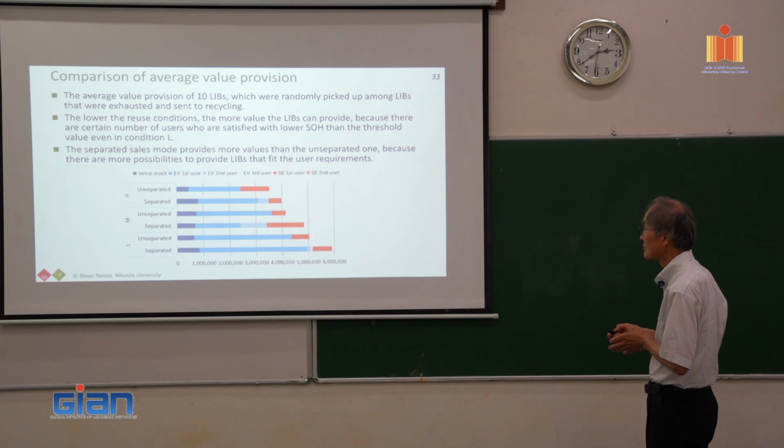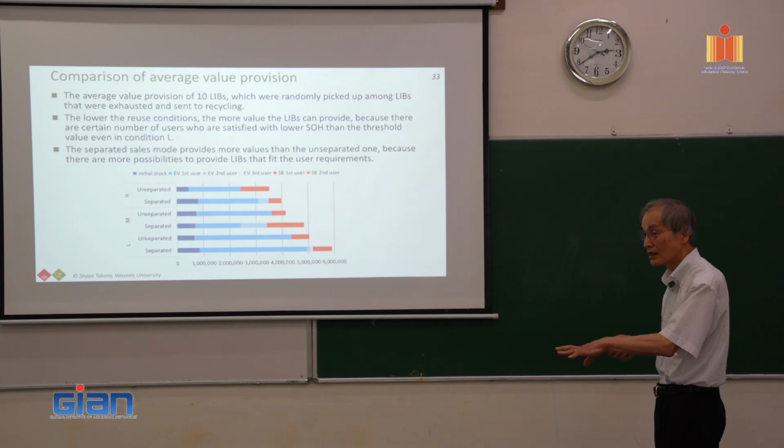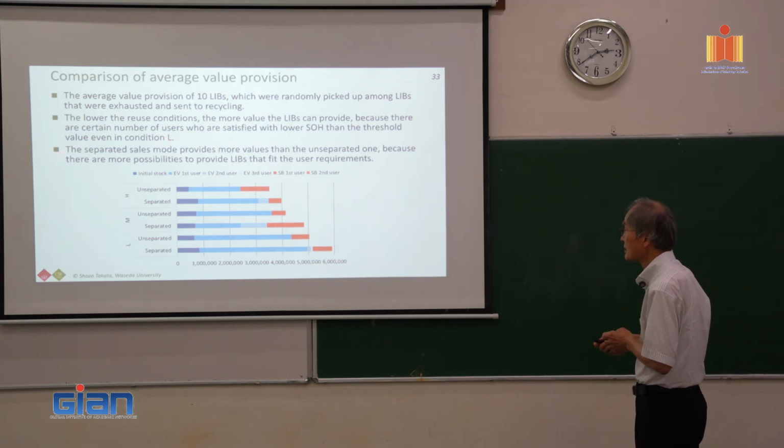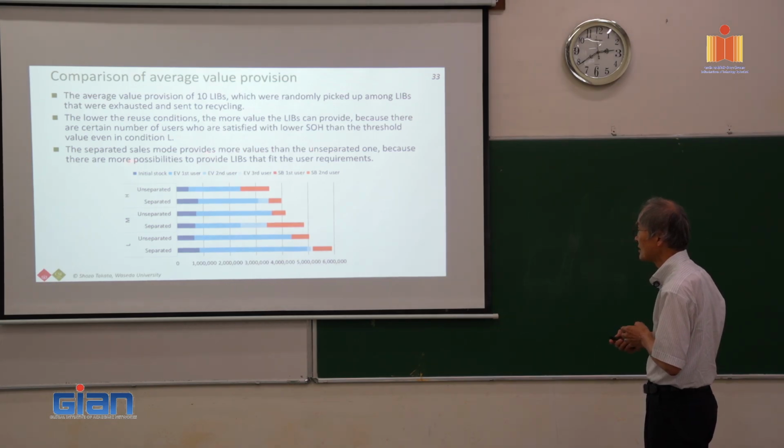The lower the reuse conditions, the more the value the ribs can provide, because there are a certain number of users who are satisfied with the lower SOH than the threshold value even in the condition L. L means a lower threshold. The separated sales mode provides more values than the unseparated one because there are more possibilities to provide ribs that fit the user's requirement.